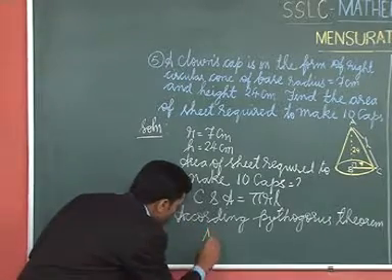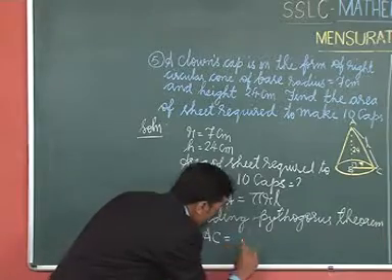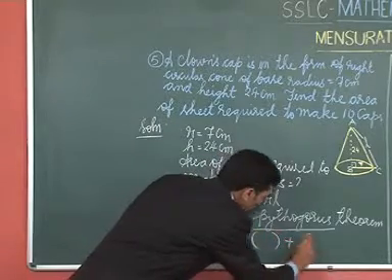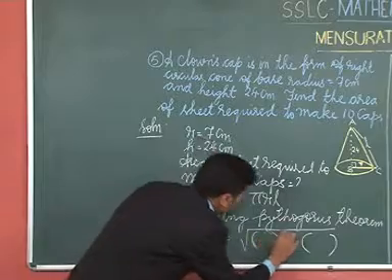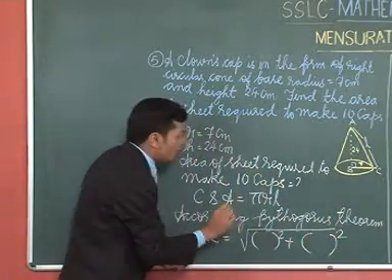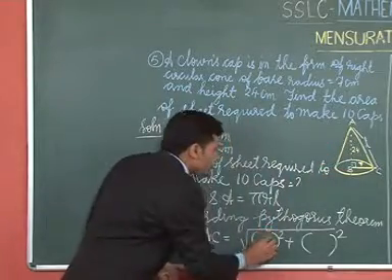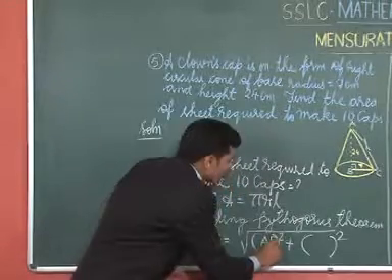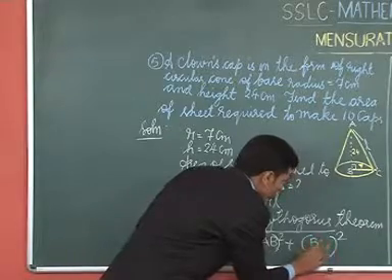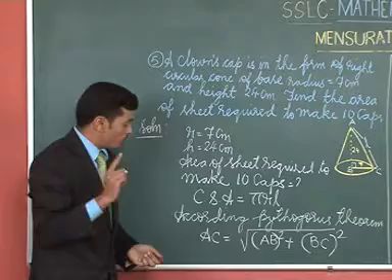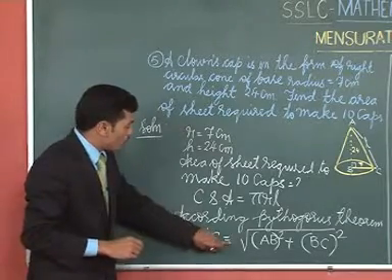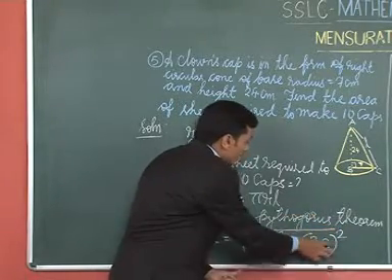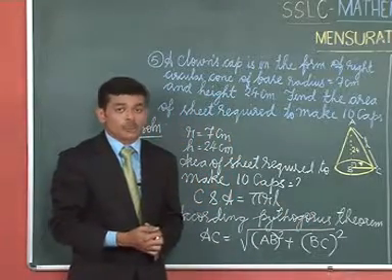The length of the hypotenuse, that is AC, is equal to the square root of the sum of the squares of the length of the two other sides, AB and BC. So this is according to the Pythagoras theorem.